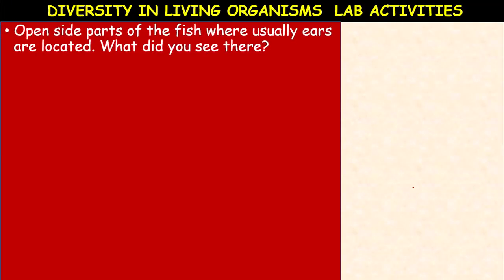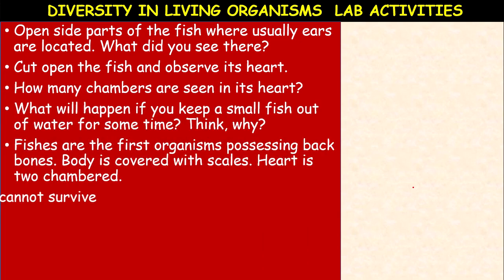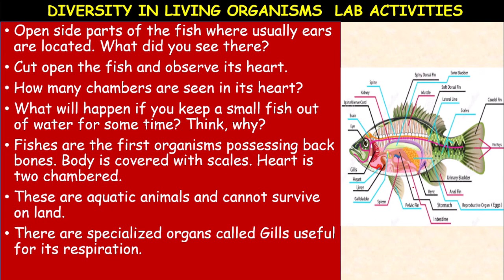Open the side parts of the fish where usually ears are located. What did you see there? Here, the side portion, when you open, you can see the eye, the brain part. Okay, so cut open the fish and open its heart.